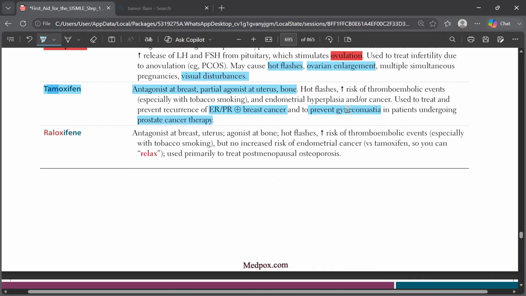And the second use is to prevent gynecomastia in patients undergoing prostate cancer therapy. So it is basically an antagonist of estrogen at breast and an agonist everywhere else.